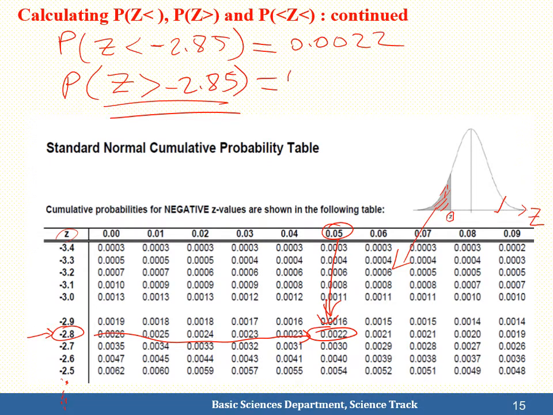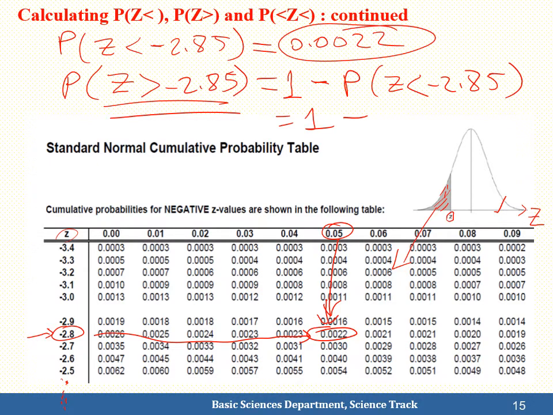You can write it this way: 1 minus the probability of the left part, the probability z is less than negative 2.85, which is 1 minus 0.0022, which is 0.9978. A probability is always positive. If you get a negative probability, it means you're doing something wrong.